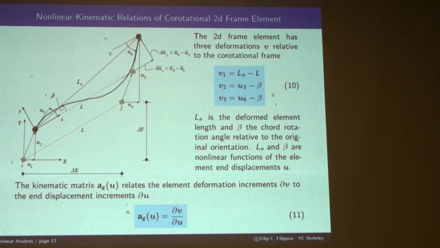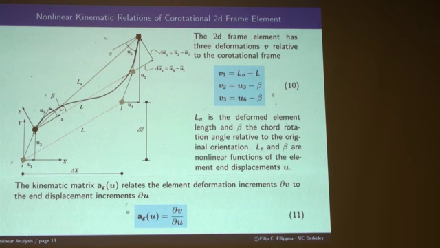As the element moves in the plane, we have this rotation beta of the chord, the change of length, Ln minus L, L being the original length, and these 2 deformation measures allow me to define 3 element deformations, which are the change of distance between the nodes and the angle between the chord and the tangent at the 2 element ends. This suffices to uniquely define the curvature distribution inside the element, if that's what you want, the strain and the curvature distribution. But that's beyond this.